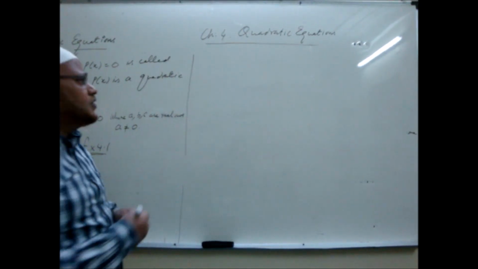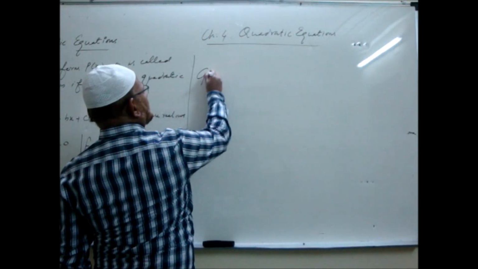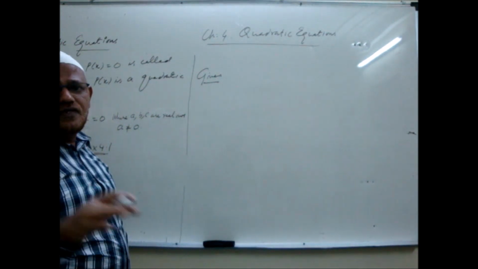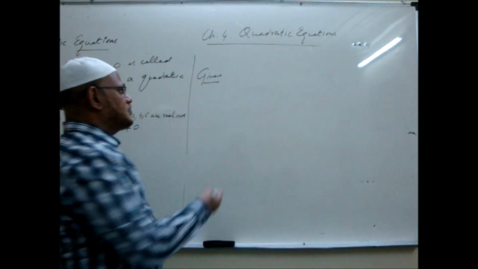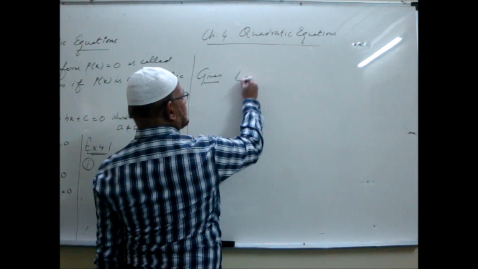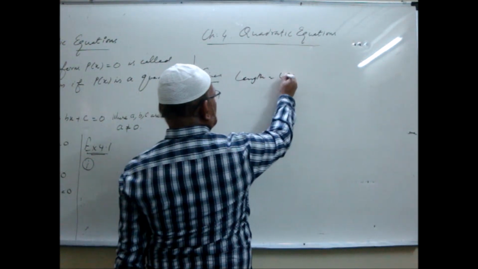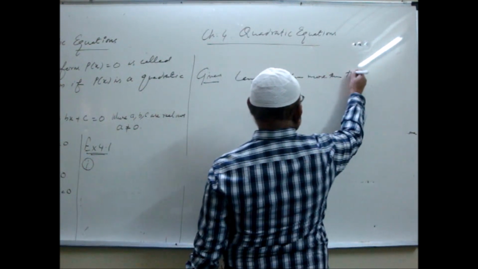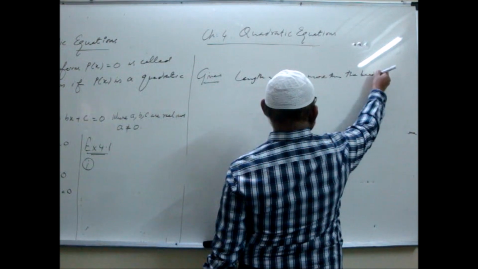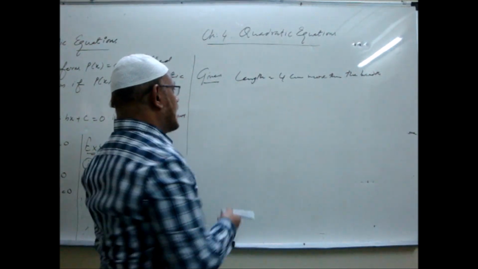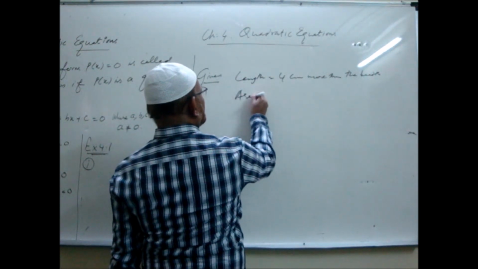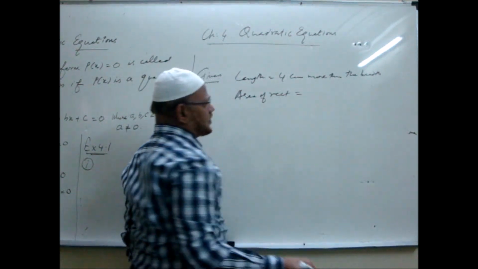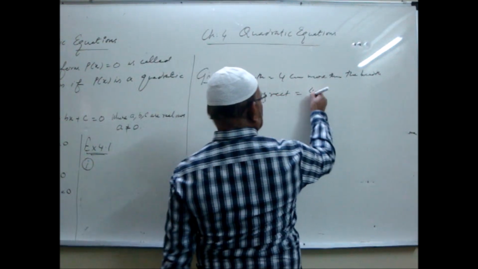For example, you are given: the length of a rectangle is 4 centimeter more than the breadth, and the area of the rectangle is given as 45 centimeters square.